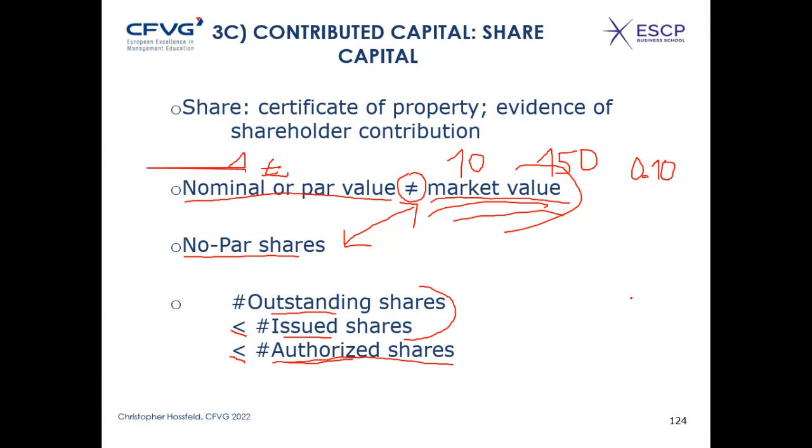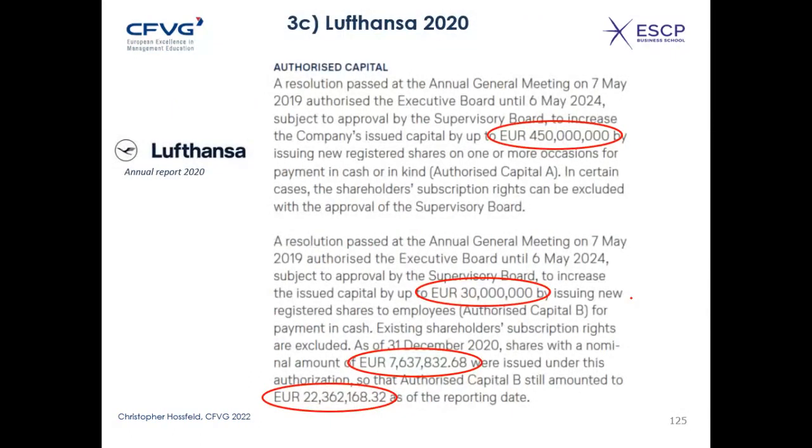If I want to speed up the procedure, one way is to ask shareholders for a general approval, to authorize capital. Here we have an example in the next slide for the German airline company Lufthansa.